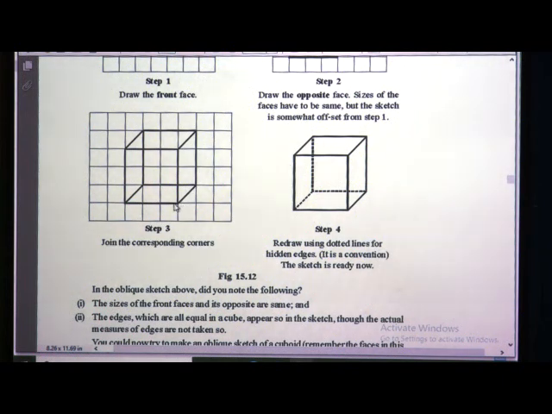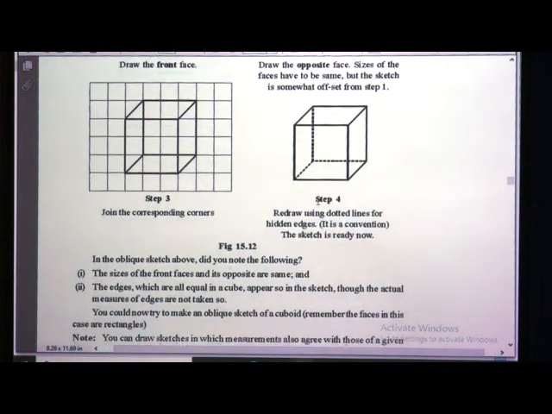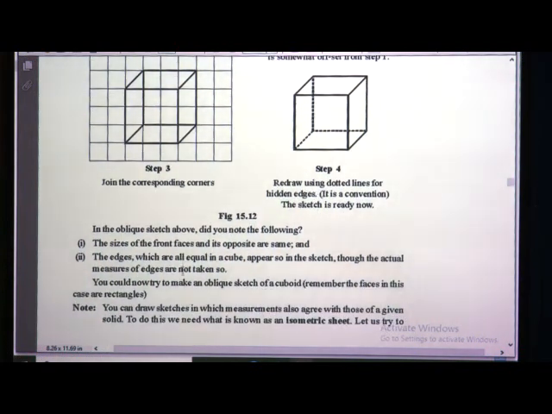No. But after drawing this on the paper, we can say that it is a cube which will look like a 3-dimensional figure. Here we are not taking the exact measurement given to us on the paper. In the sketches, the measures of edges are not taken equal.